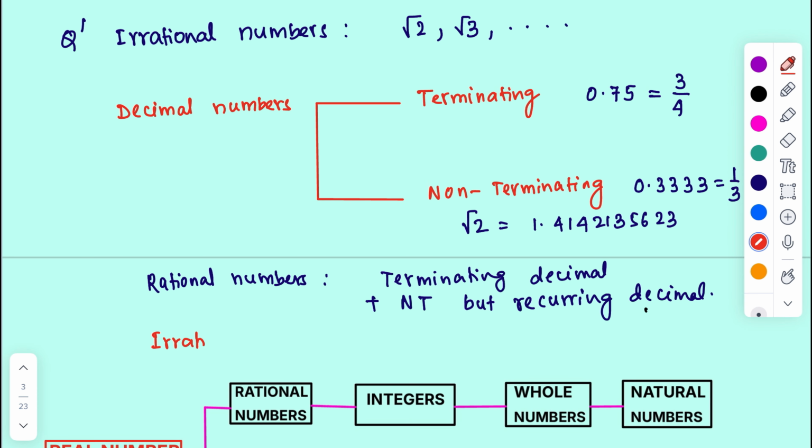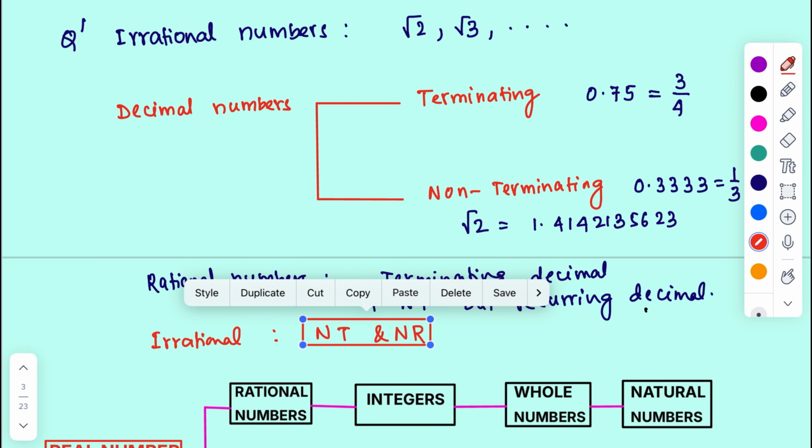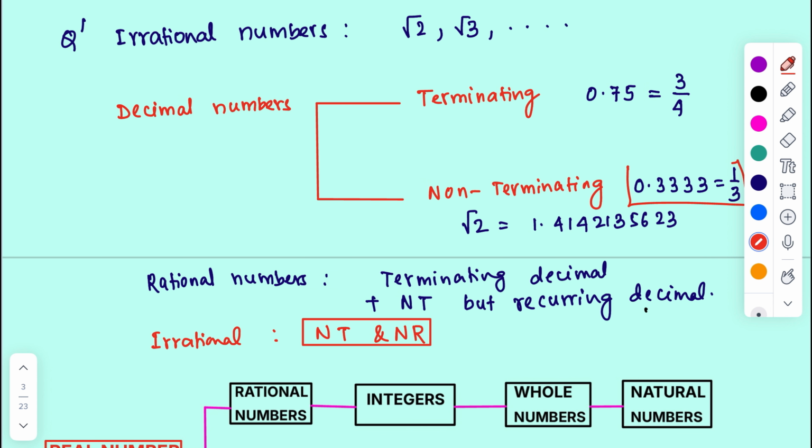And irrational numbers are non-terminating and non-recurring. Non-recurring means non-repeating. Repeating decimal numbers are rational numbers. Actually, non-terminating decimal numbers are divided into two parts: non-terminating recurring, and non-terminating non-recurring.